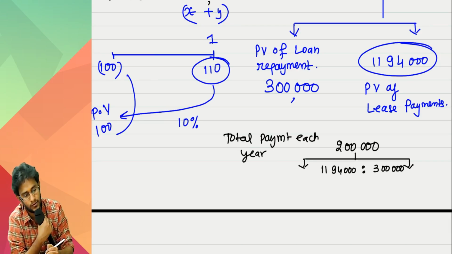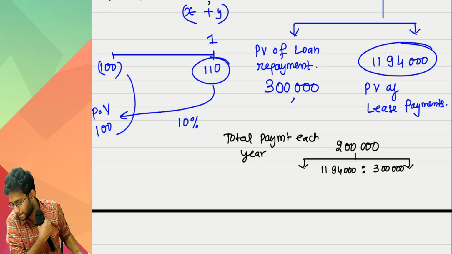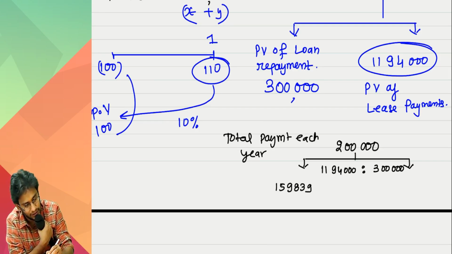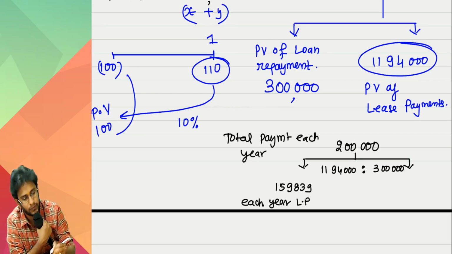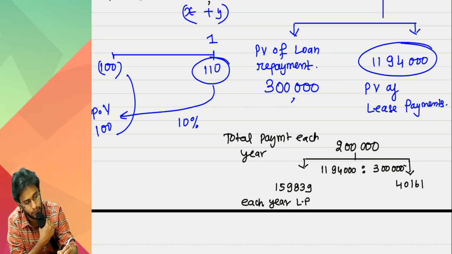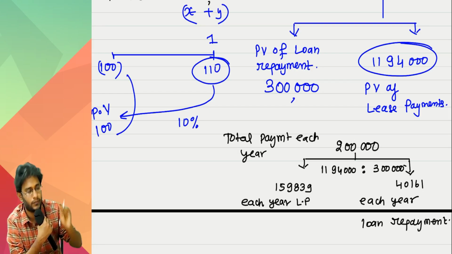So split and tell me, sir. 2 lakhs divided by 14,94,000 into 11,94,000 gives 1,59,839. This is the lease payment each year. The balancing figure remaining is 40,161. This is the loan repayment each year.